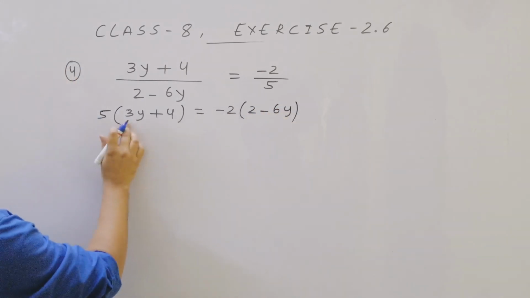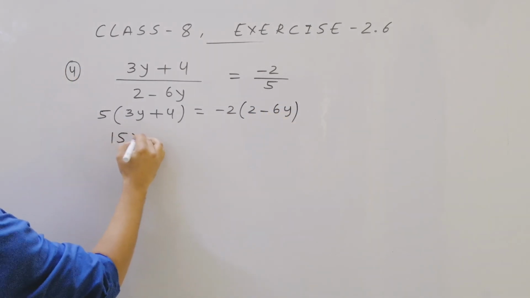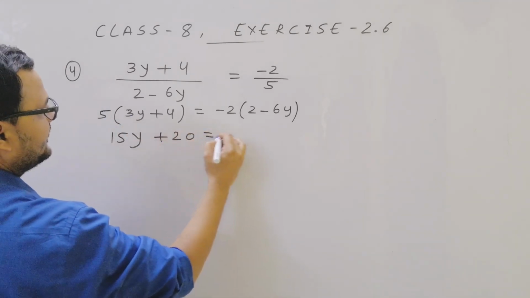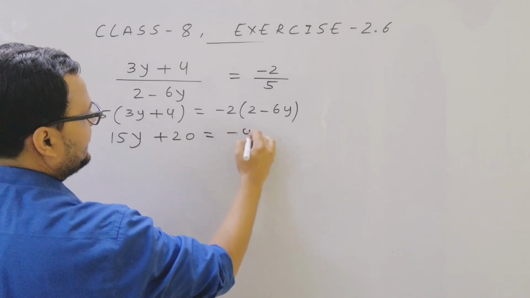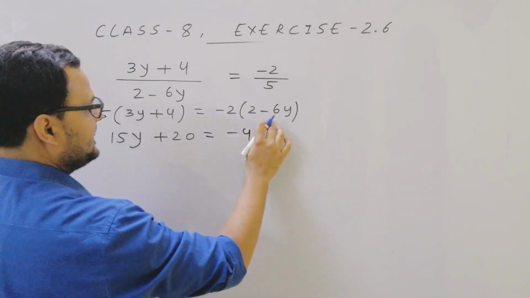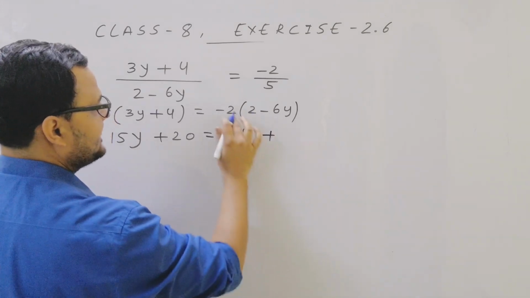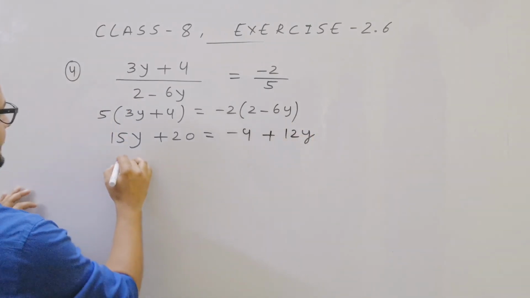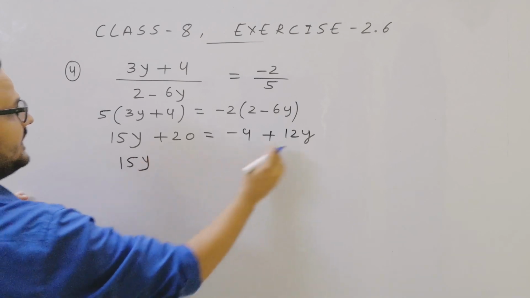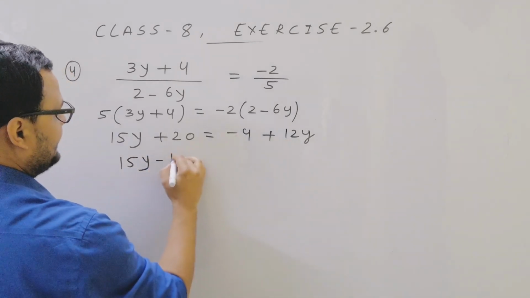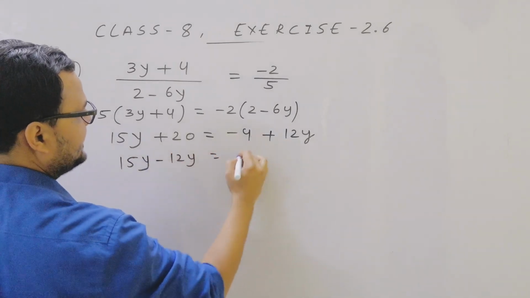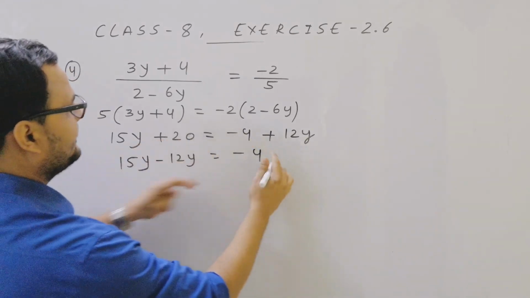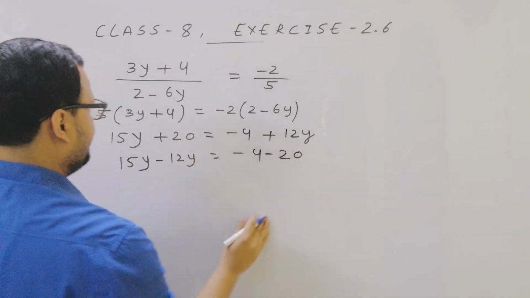Now 5 into 3y, I got 15y, and 5 into 4 simply plus 20 equal minus 2 into 2, I got minus 4, minus minus plus, so it means simply plus, and 2 into 6y, I got 12y. Now 15y, this 12y will come this side, equal minus 4 is already on the right hand side, this plus 20 will come this side, minus 20.